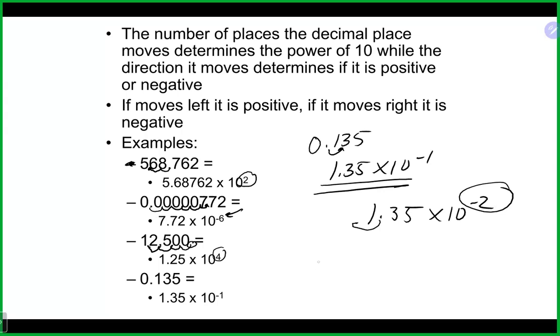Because that's going to put a 0.1 versus if you go to the right, that's 13. So bigger to the right, smaller to the left. And we would go 1 and 2 places and put some zeros in there. So 0.0135 would be converting that into decimal form from scientific notation.